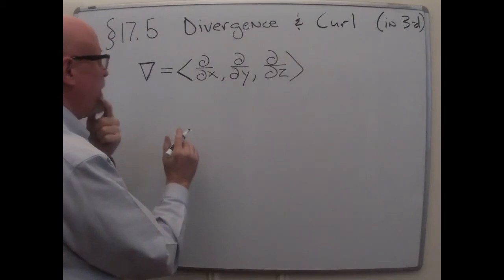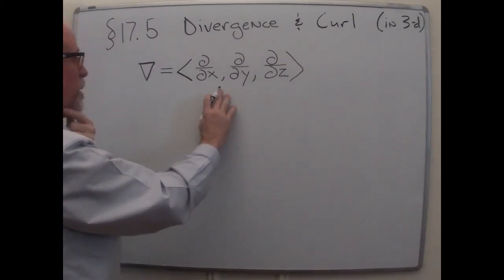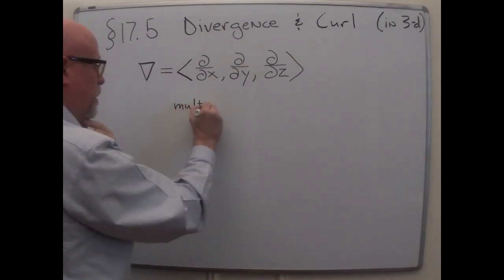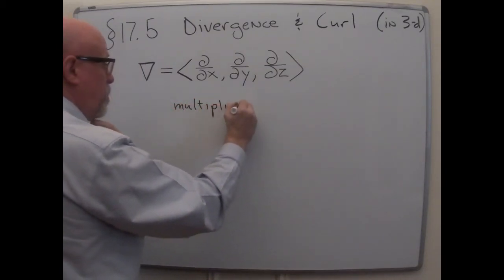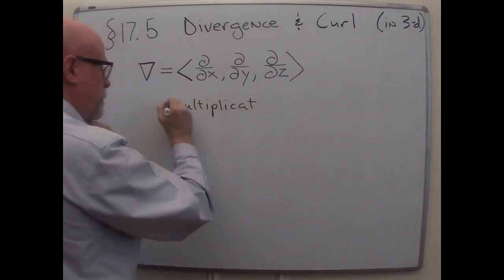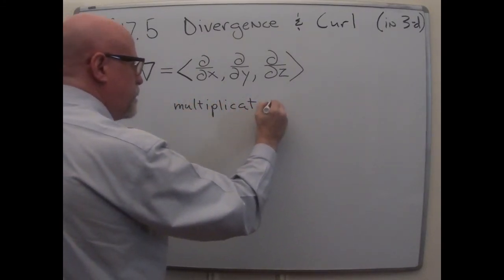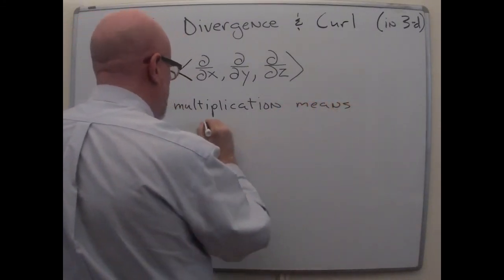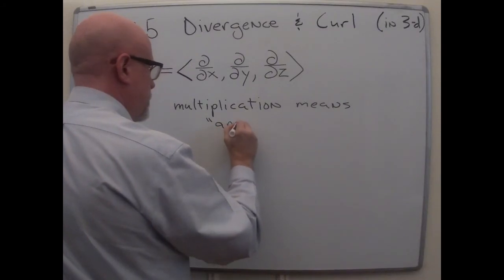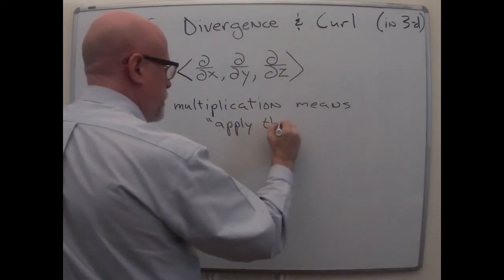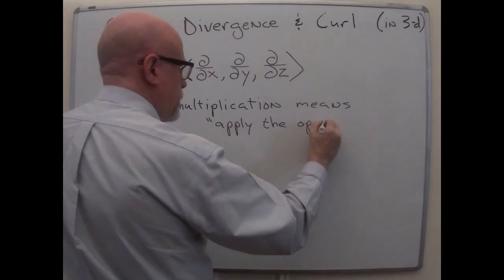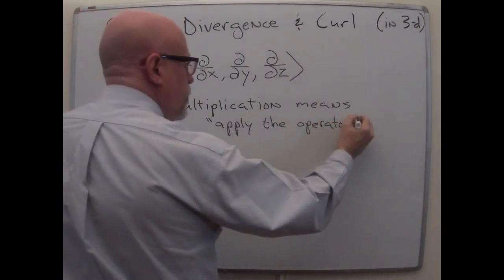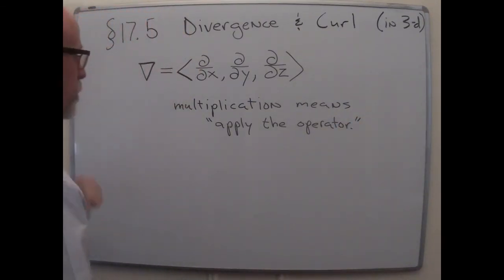So the only thing that's weird about this notation is you have to remember that multiplication with the components of del means apply the operator.